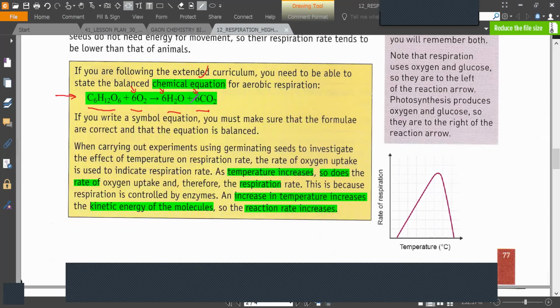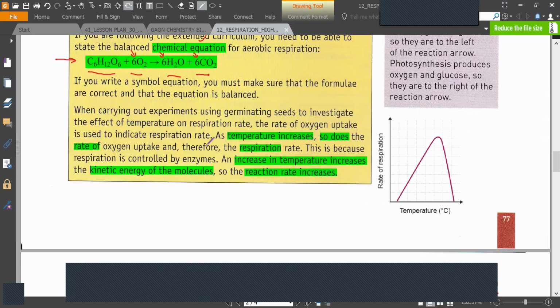For the extended course, we need to explain. Not only do we need to know the trend of how the rate of respiration changes with temperature, we also need to explain in detail why. First, as temperature increases, the rate of respiration will increase, because an increase in temperature will increase the kinetic energy of the molecules.